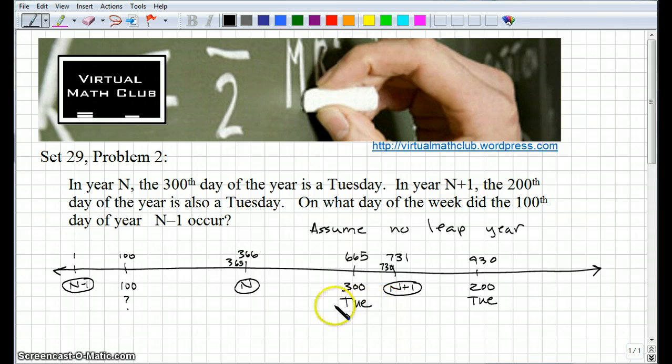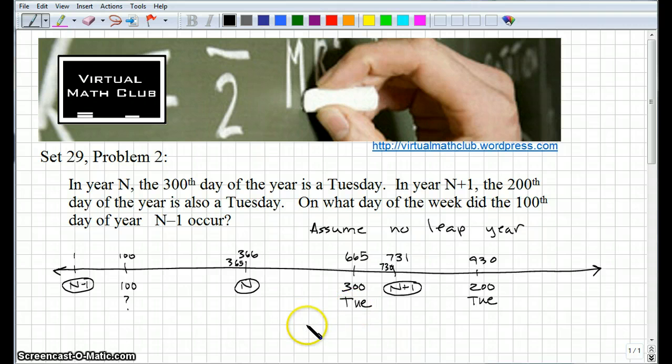So let's see what we get. Let's see how many weeks have passed since day 1 of year n minus 1 up to day 300 of year n.